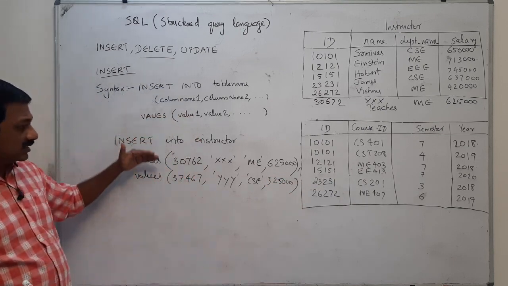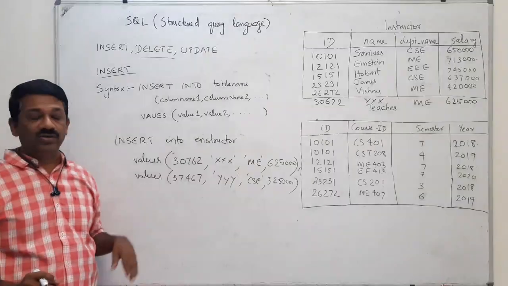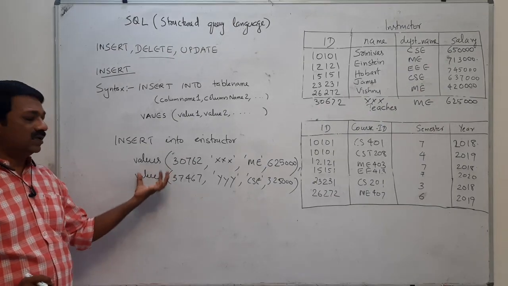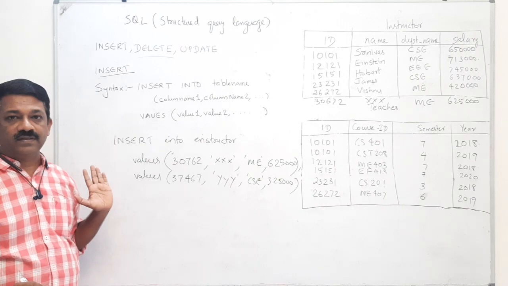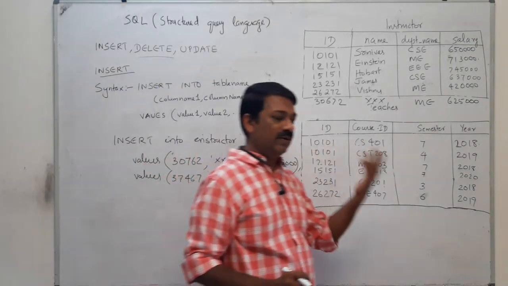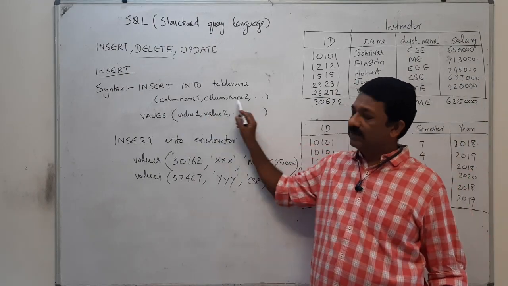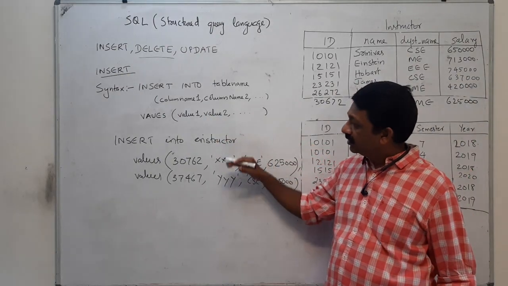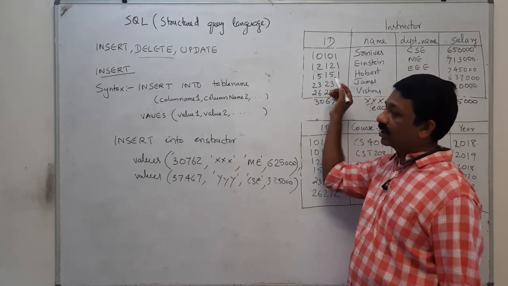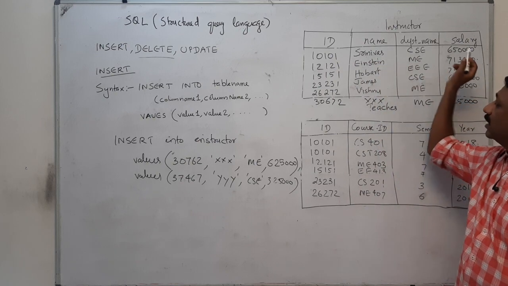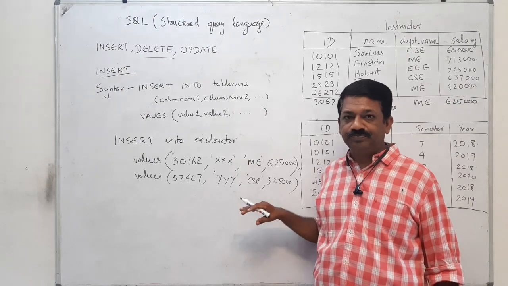So this is a single statement, and using this single statement you can insert two rows, two tuples. That means insert into table name values. If you are not specifying the column names, what will happen? It is expecting that the values are given as per this order: ID, name, department name, and salary. And after that, here you can insert data.